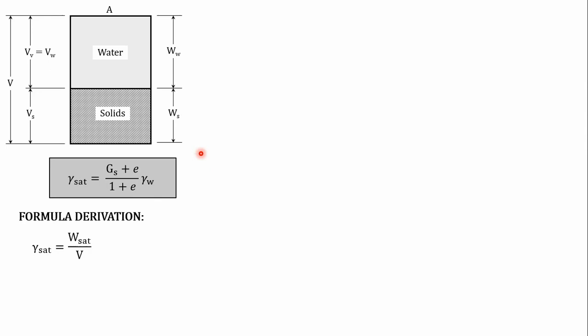So unit weight saturated is equal to weight ng saturated divided by the total volume, where weight ng saturated is equal to the weight of solids plus weight ng water. And then the total volume of soil is equal to the volume of solids plus the volume of voids, or it can be volume of solids plus volume of water. Same lang yun, no?